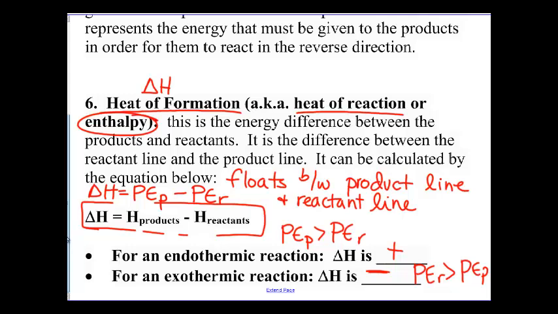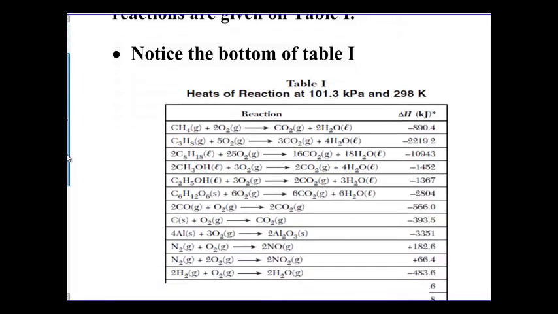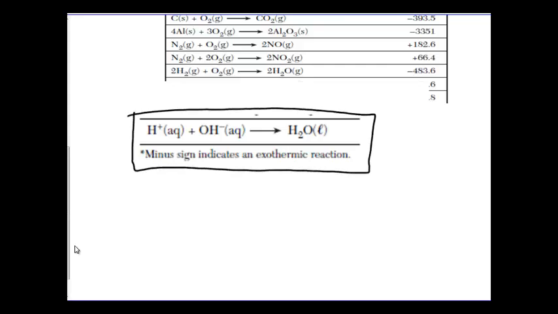The beauty of this is you don't even have to memorize it. A bunch of different delta H values are given on table I. And if you look at the very bottom of table I, it tells you that a minus sign for delta H means it's exothermic. So it is right there on the reference tables.